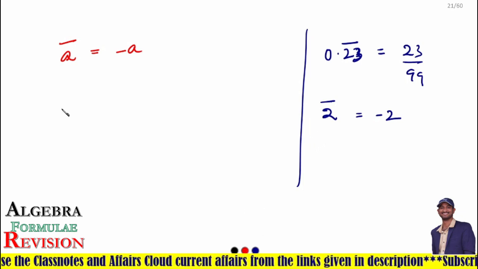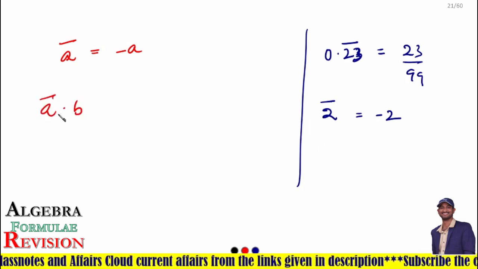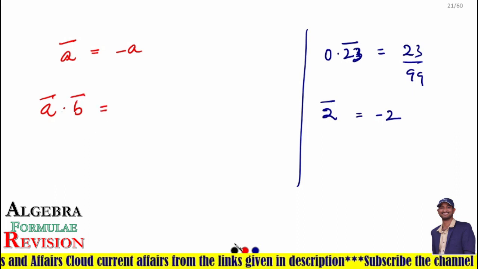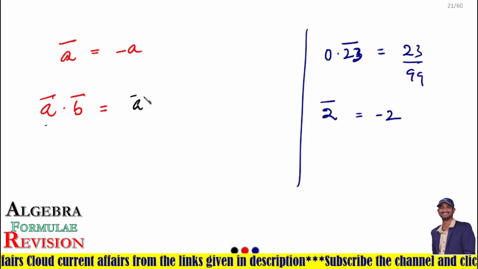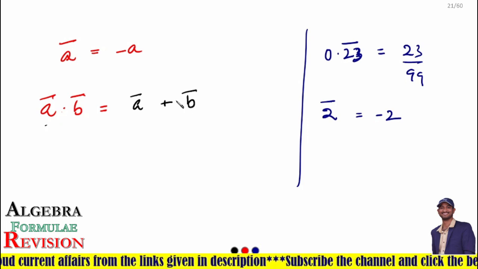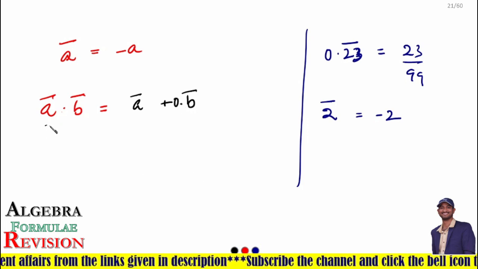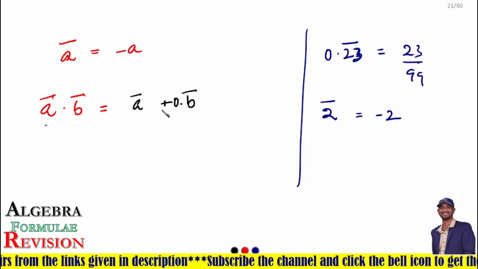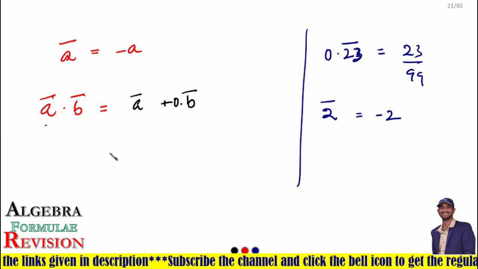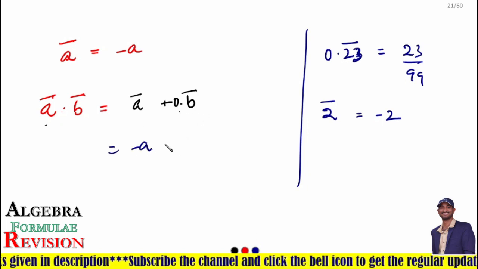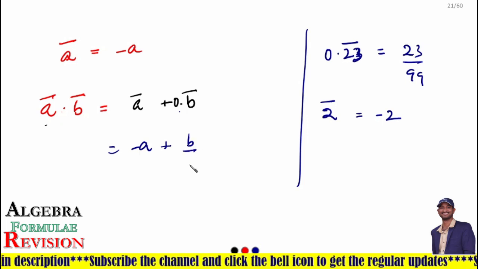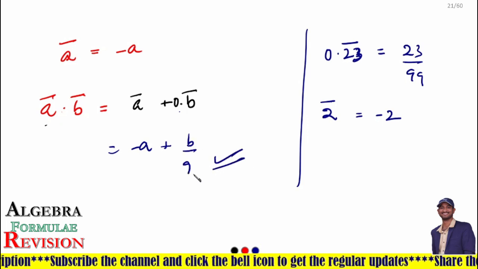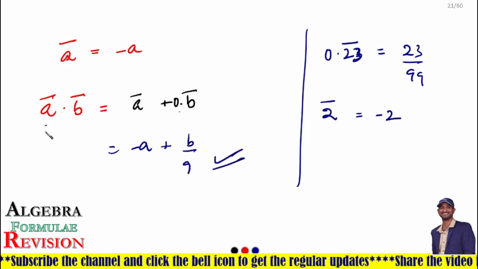Suppose you have A bar point B bar, how can you write this? A bar plus 0 point B bar. Yes or no? A bar dot B bar means A bar plus 0 point B bar. A bar means minus A, and 0 point B bar means B by 9. So this is the rational form of this number.